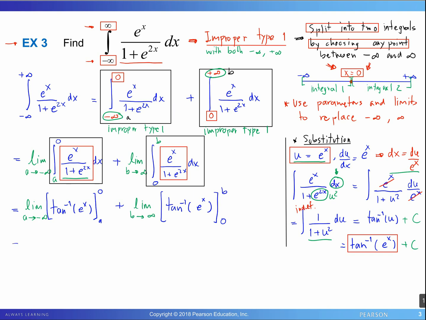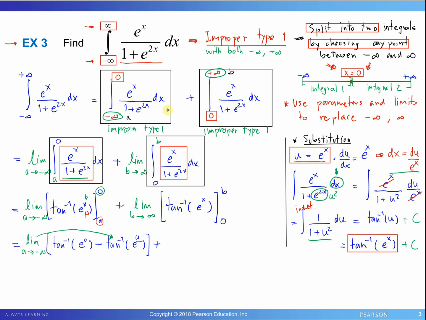And now the end point 0 goes in right here, and we get arctan of e to the power of 0 minus the starting point goes in right here, and we have arctan again, e to the power of a, and the limit at the front, a goes to negative infinity, which only applies to the back term, this one, with this a right here, plus the second integral.